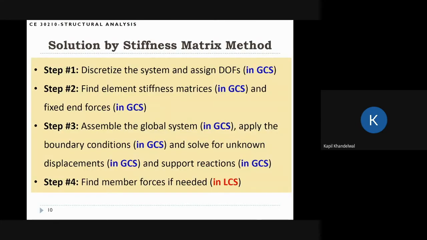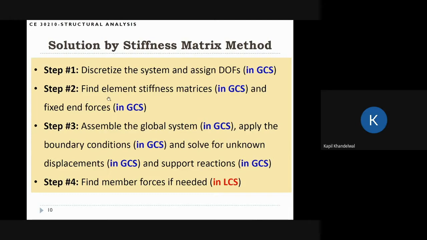Now these are the important steps that we have to follow if we are trying to solve a problem by the stiffness matrix method. These are the same steps that we have done for trusses and for beams, but there are a few important things that we have to remember here. The first step is we discretize the system and assign the degrees of freedom. When we are assigning the degrees of freedom, they are always in GCS, and this is the way we have always done it, even for 2D trusses.